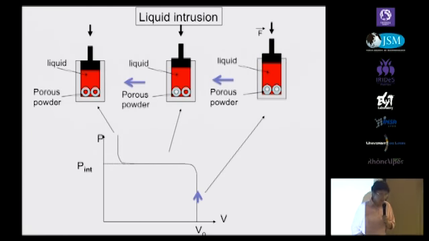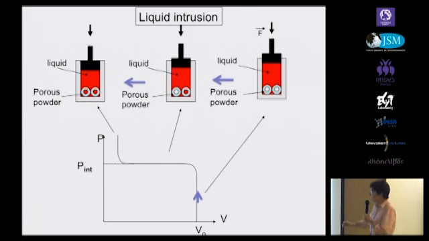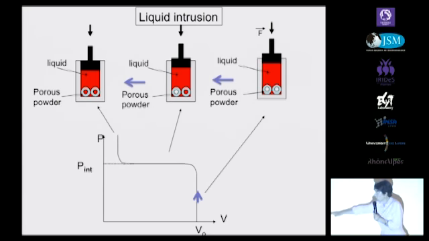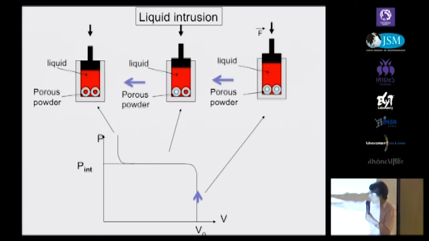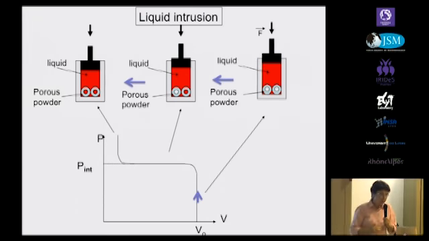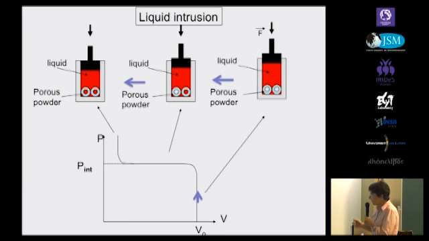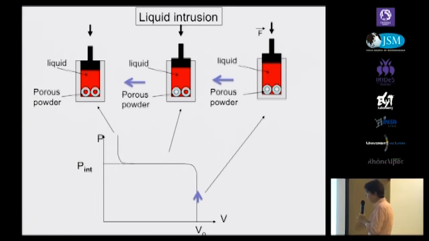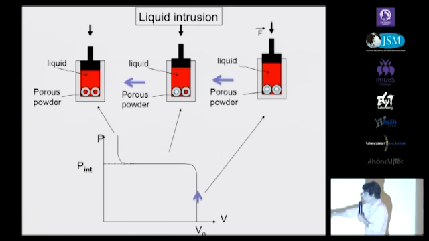And if the pore size is well defined, then the intrusion occurs on the pressure plateau here, which we call the intrusion pressure. When this plateau is finished, the pores are completely saturated with water. Doing this, one transforms mechanical energy into surface energy, and the amount of energy involved is the area under the pressure-volume curve.